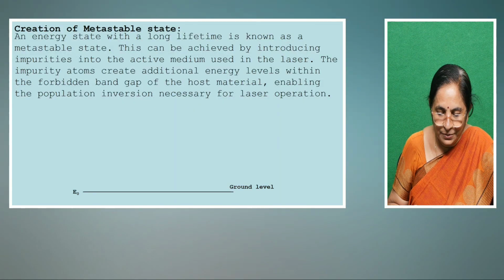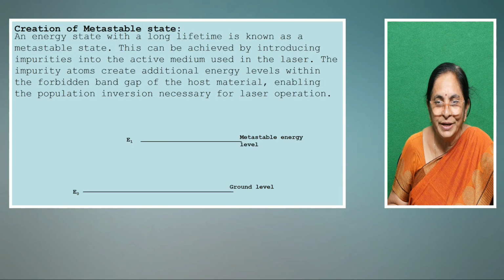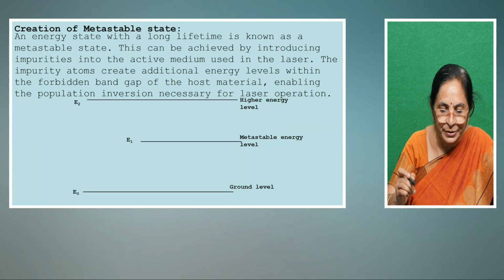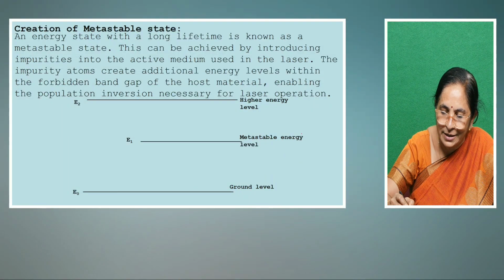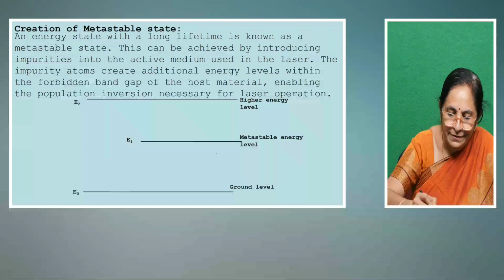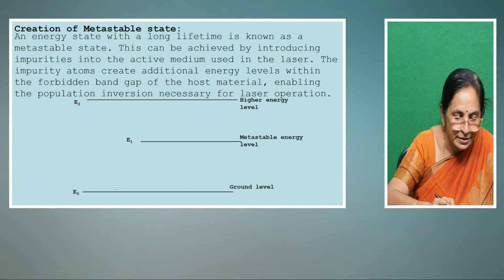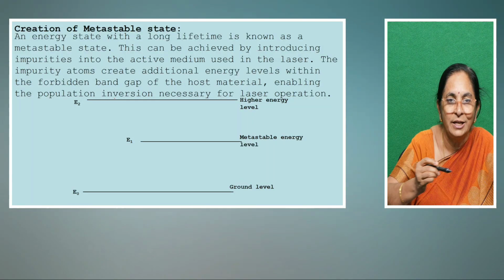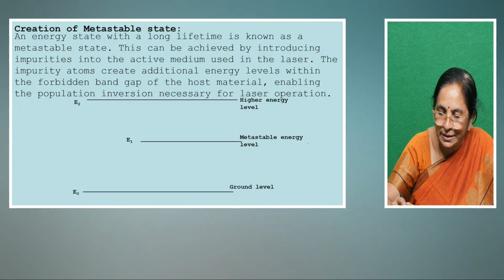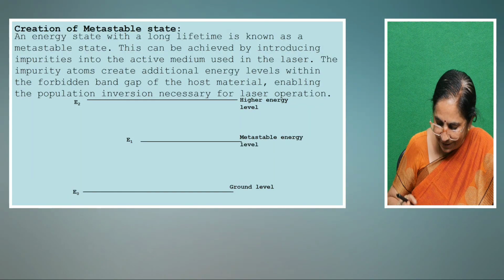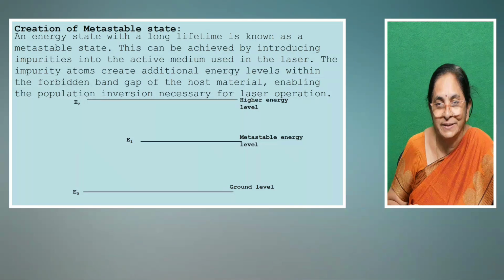Let me say the ground level is shown here, the metastable energy level and the higher energy level. Just by adding some impurities, you are creating an energy level in between the energy levels E0 and E2. This is called the metastable energy level, or metastable state.